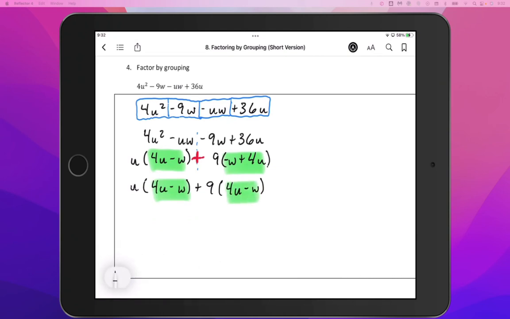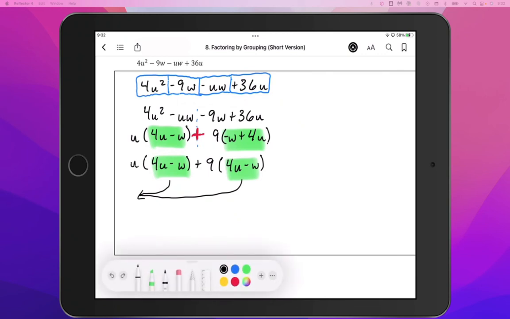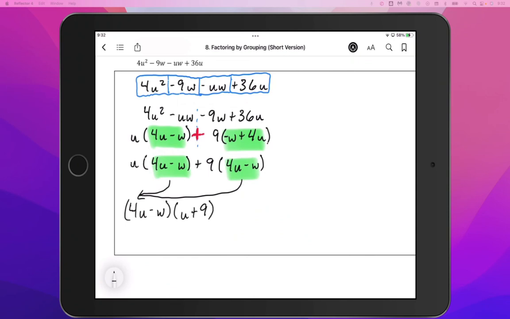They are going to be divided or factored out to over here. And we will get 4u minus w times u plus 9. Alrighty, and that's going to be it for number 4.